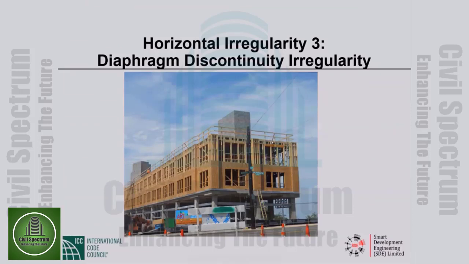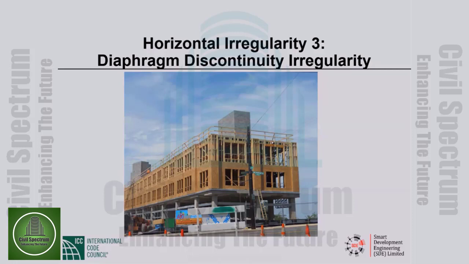The diaphragm discontinuity, the stiffness of the diaphragm changing 50% from one level to another. This is pretty automatic. In the US now, what you see in the picture is very common.